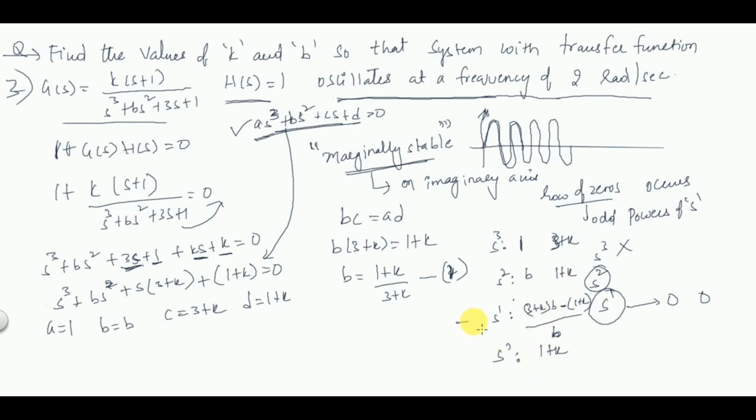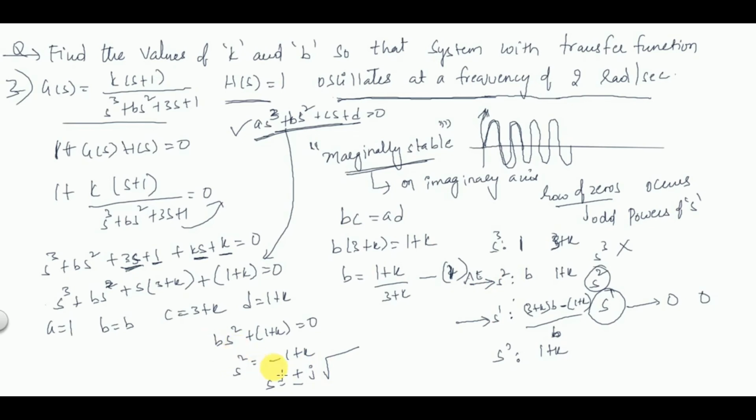If the system is marginally stable, the s power 1 row should be a row of zeros, and the s square row becomes your auxiliary equation. So what is the auxiliary equation? b s square plus (1 plus K) is equal to 0, s square is equal to minus (1 plus K) by b, s is equal to plus or minus j root of (1 plus K) by b.